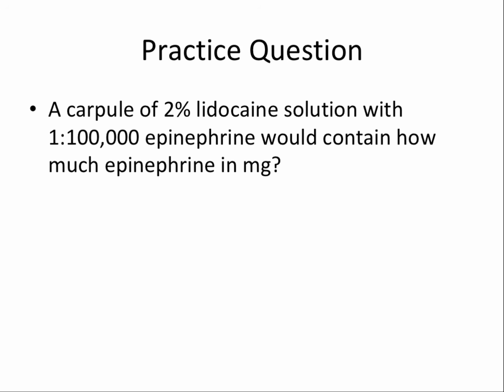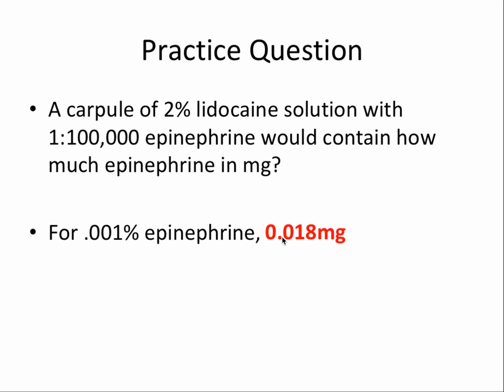So if 1% is our 18 milligram Lego block, all we have to do is divide that 18 milligram block by 1,000. So we would move the decimal over 3 places to the left. So for 1/1000th percent of epinephrine, we get 0.018. And we just moved that decimal place 3 places over to the left from 18 to get 0.018 milligrams.